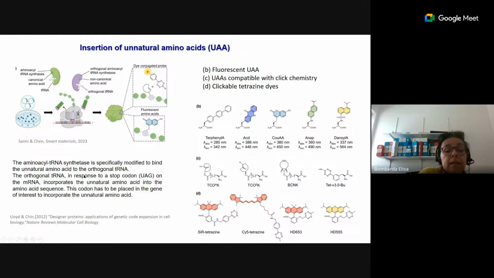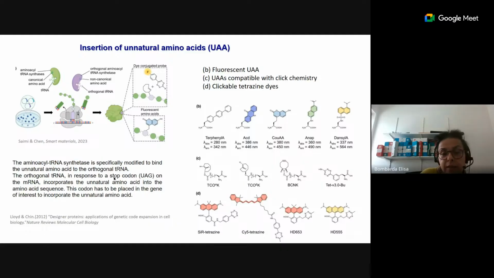This modified tRNA will work in response to a codon UAG on the mRNA, and so it incorporates the unnatural amino acid into the amino acid sequence. So this tRNA is attributed a codon, which of course should not correspond to any other amino acid.